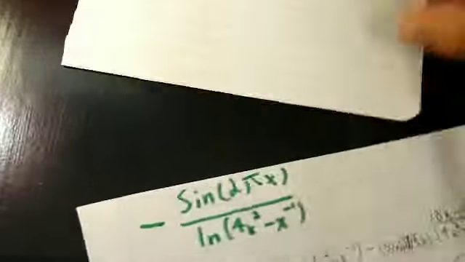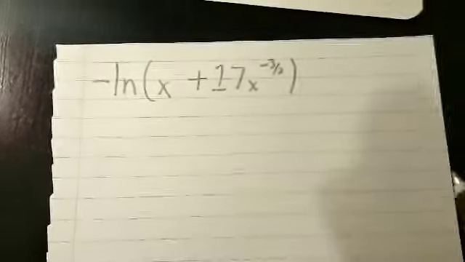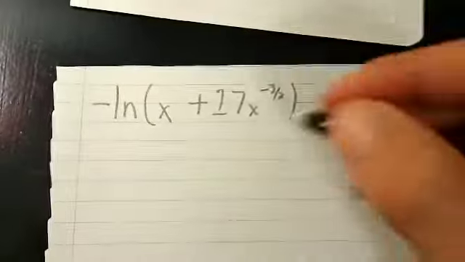Coming back to this one here, we have a minus out in front. So, back on track. Negative natural log of x plus 17x to the negative 3 halves.